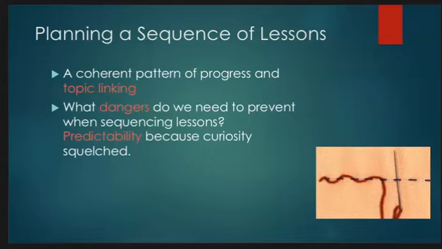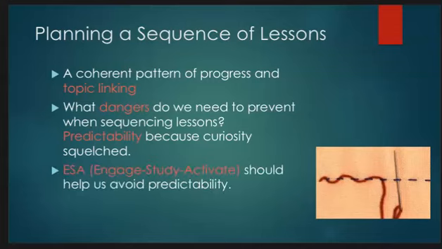We can avoid that issue of predictability by making sure that we're including a good balance of that engage, study, activate. By sequencing those things in different ways, we continue to keep our students interested.